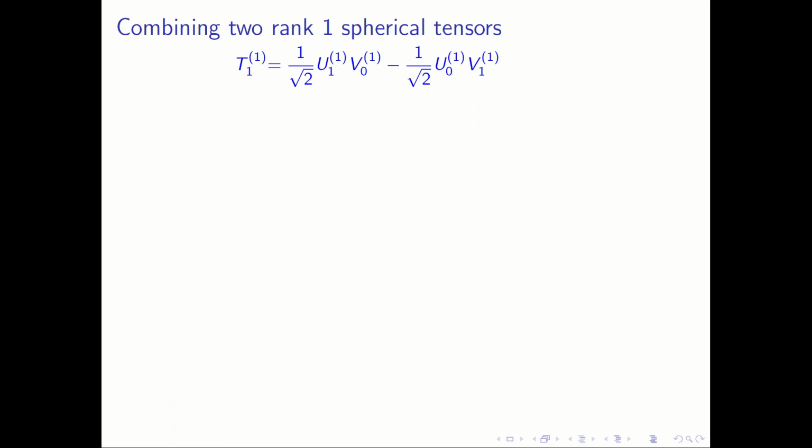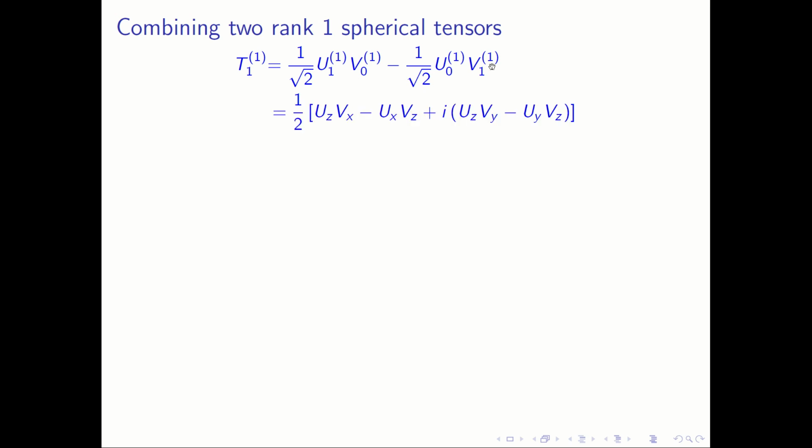The 1 1 eigenket of J m was 1 by root 2 |1 0> minus 1 by root 2 |0 1>, and we are just doing the same thing here, just following that, replacing the J1 M1, J2 M2 by T J1 M1, in this case U J1 M1 V J2 M2 and so on.